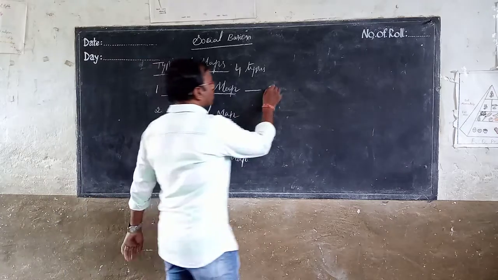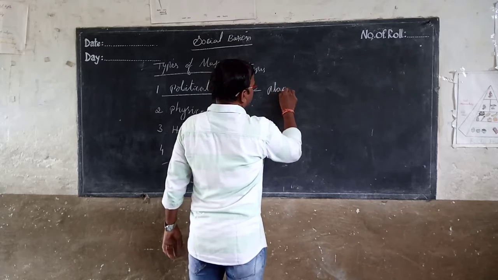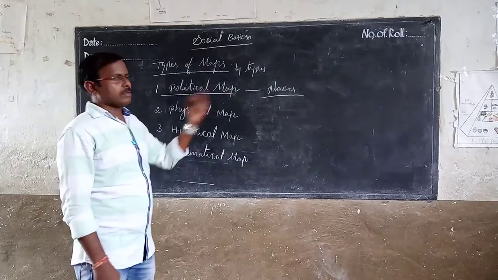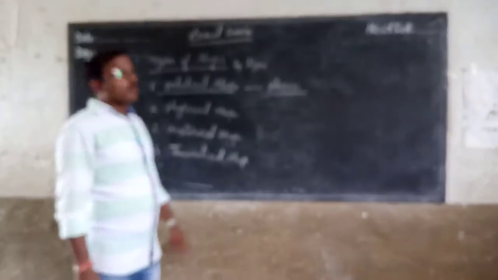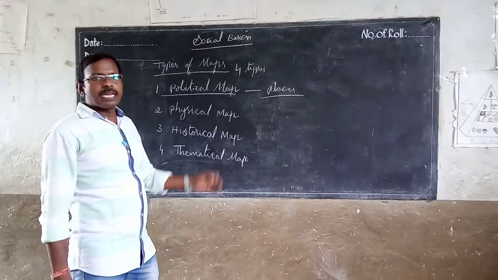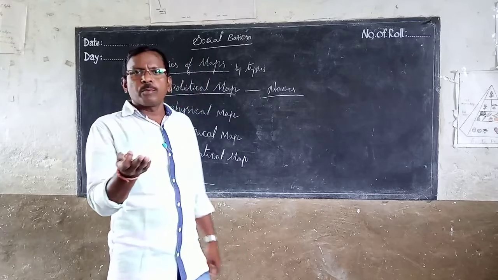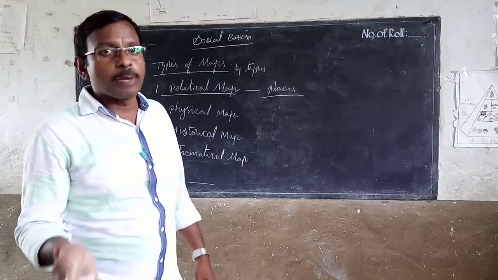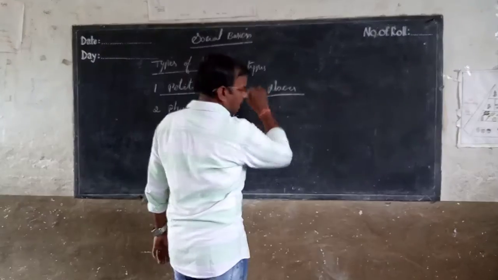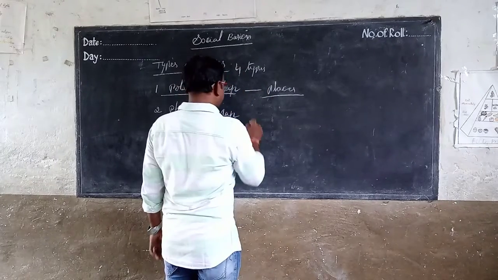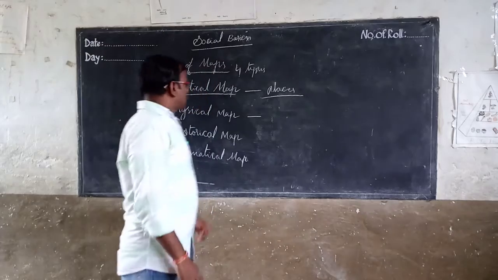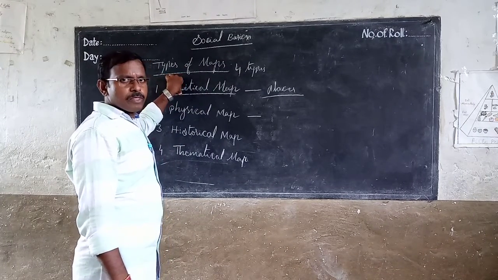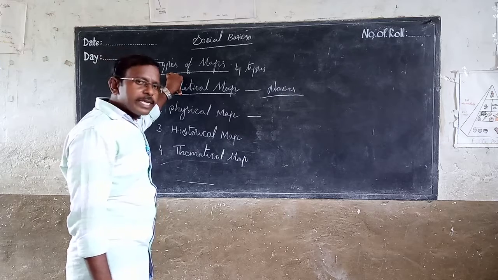It will tell us about different areas and places, everything. So that is called a political map. To see the political map, we can find out places. Did you understand the definition of political? The maps which tell us about places are known as political maps.